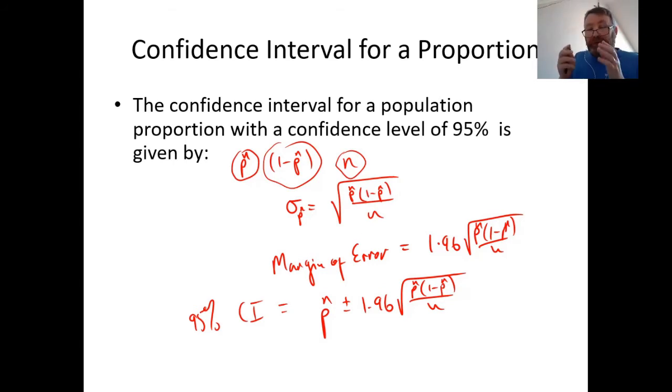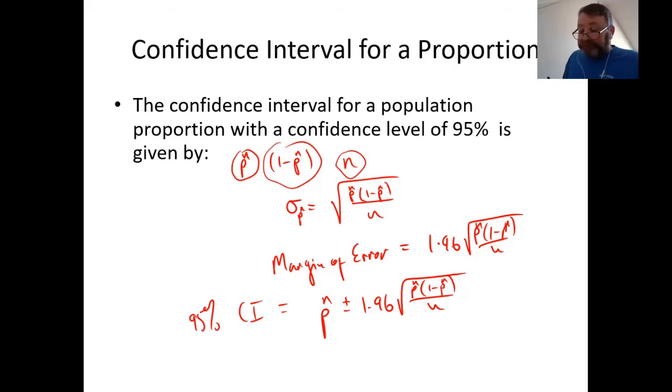You then can turn that into a margin of error. And because it's 95%, we're looking at the magic number 1.96 times the standard deviation of the sample proportion. If you go back to yesterday, we talked about 1.96 times the standard deviation of the sample. Here we're talking about the population proportion, so keep that in mind. 1.96 is always the magic number when we're dealing with the 95% confidence interval.